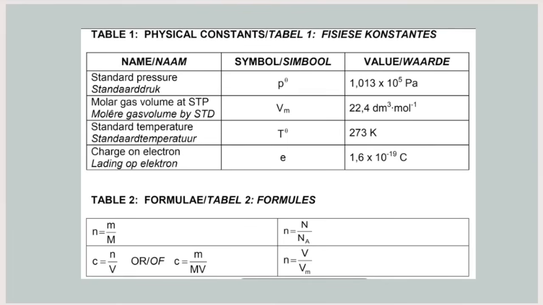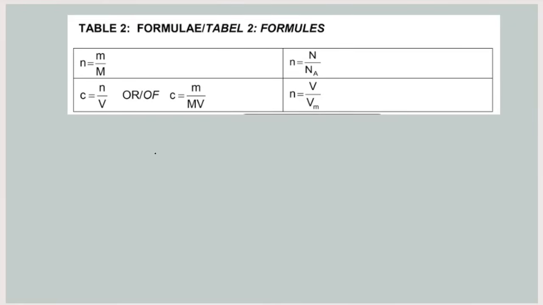In terms of the formula sheet, there will be a few variables that we will use in the stoichiometry section. We'll use molar gas volume at STP, and we will make reference to standard temperature, standard pressure, things like that. But these are the formulas that I want us to look more closely at and break down, what they mean and what the variables mean.